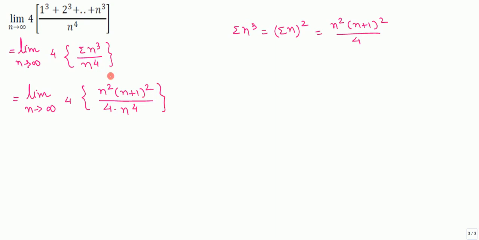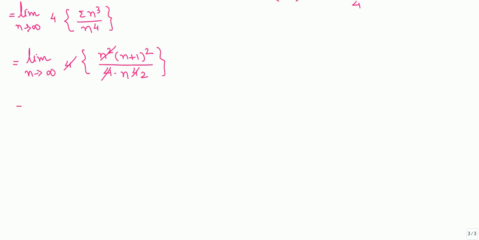Okay, is it okay? 4 and 4 cancel out, n square cancels out, so what is left? Only n square. So it is equal to limit n tends to infinity n plus 1 whole square divided by n square.